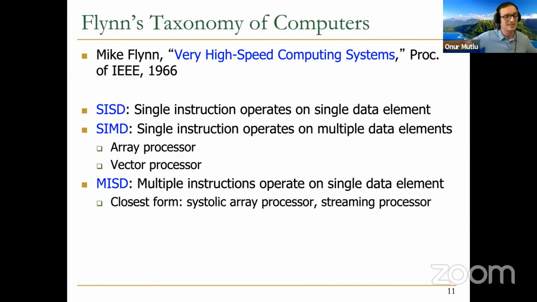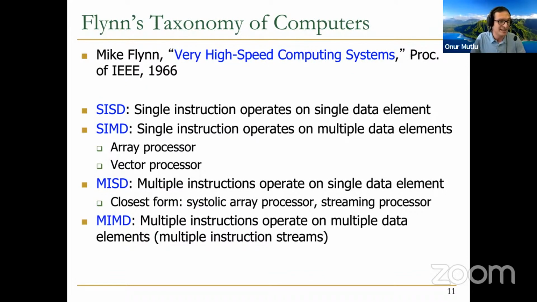So you keep doing this in this one-dimensional array of cells, let's say systolic cells. You could also make it 2-dimensional, right? So MISD is actually best exemplified by a systolic array processor. You load one data element and you transform it into something else as you pass it between different instructions, right? And streaming processor is another example, as we discussed in the last lecture.